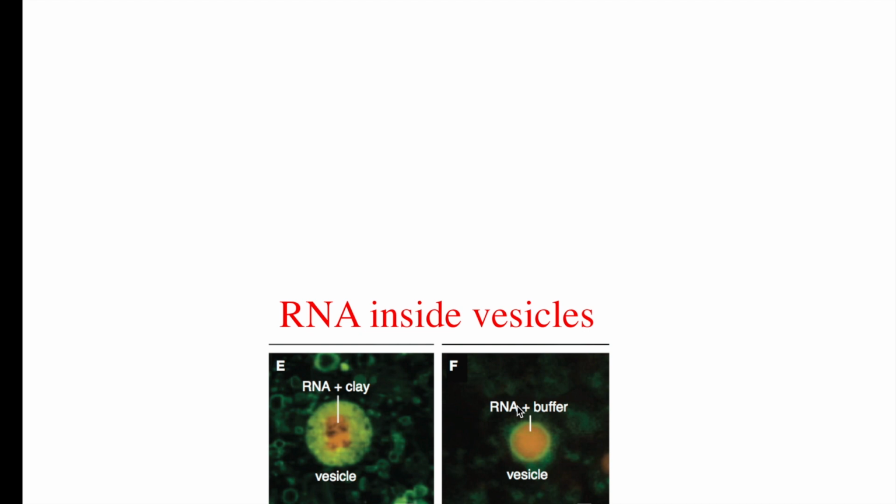And so now you have something that even looks more like a cell in that it has a membrane surrounding it of phospholipids and then RNA on the inside. And then we know from the last podcast that RNA can act like a catalyst, like an enzyme, and it can further catalyze other biochemical reactions.